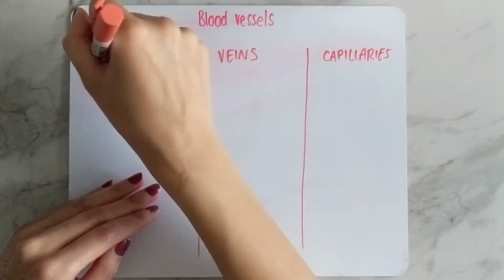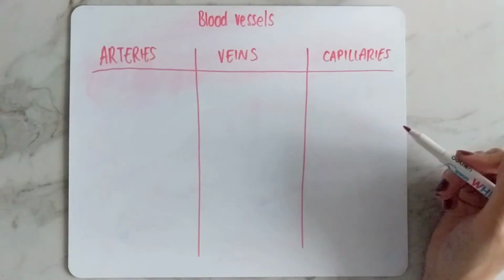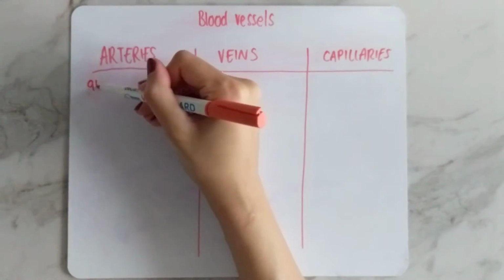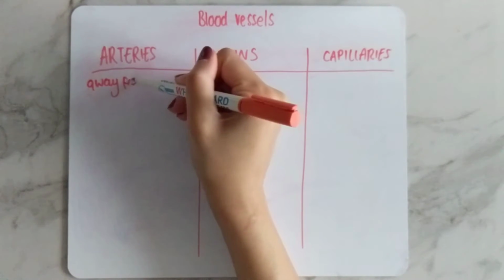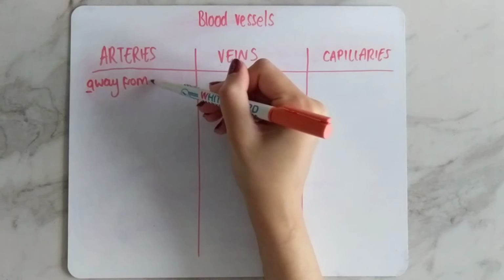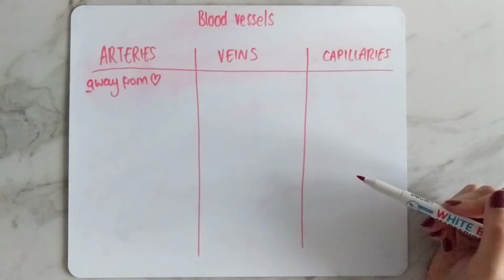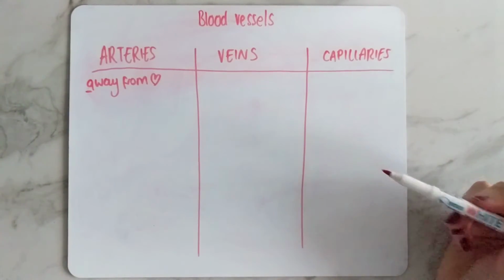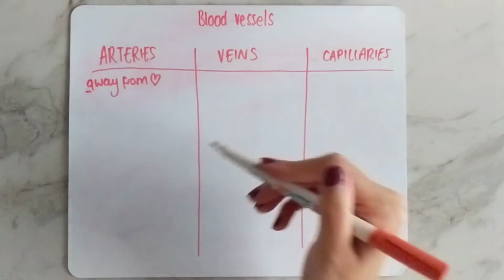So let's start with arteries then. Your arteries carry blood away from the heart. I always remember it as A for artery, A for away from the heart. So it could be deoxygenated or oxygenated blood, but it's just carrying it away from the heart.